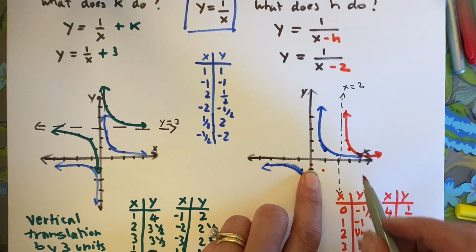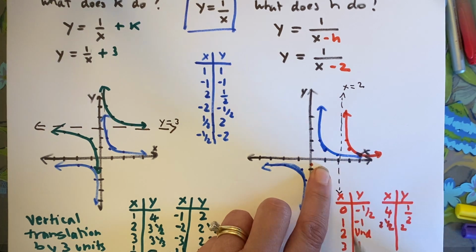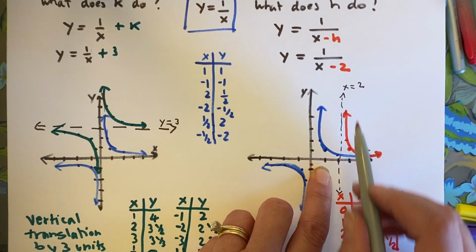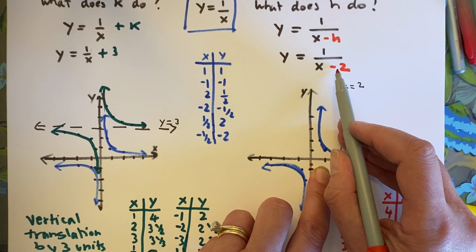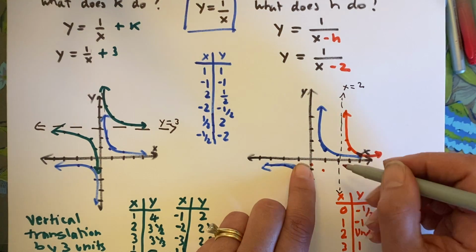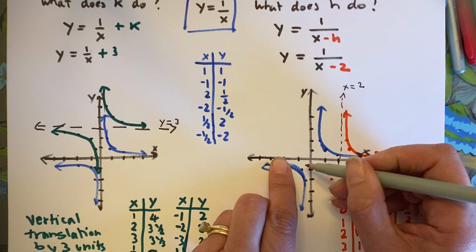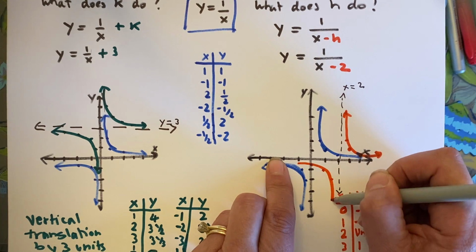Let's see if we can finish up this one and find another point. Since it looks like it's doing that, I'm going to try this point here, which is 1.5. If I put in 1.5, I get 1.5 minus 2, so I get a negative 1/2. If I have 1 divided by negative 1/2, I'm going to get a negative 2. So 1.5, negative 2, that's exactly the right shape.